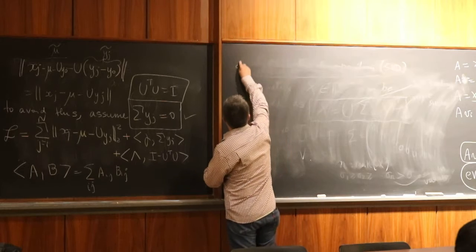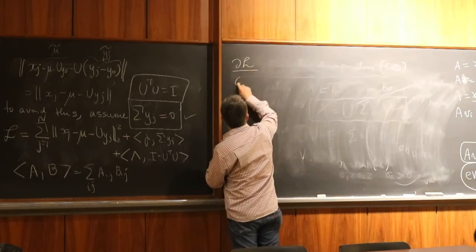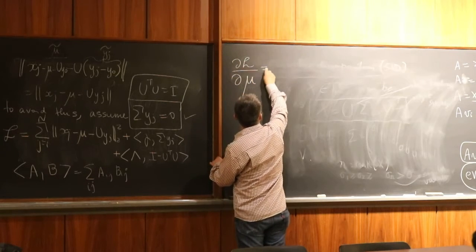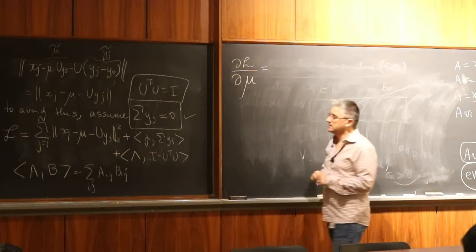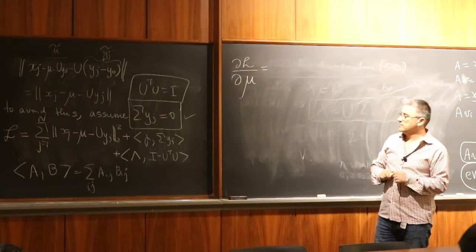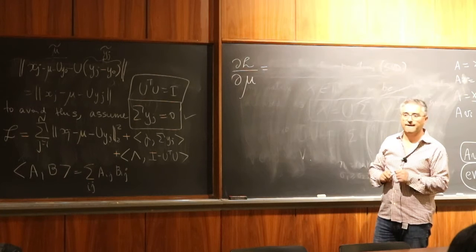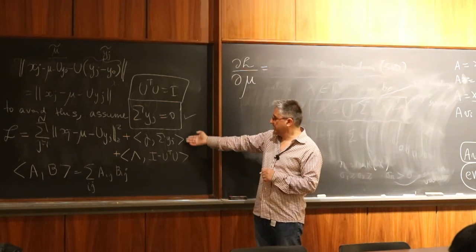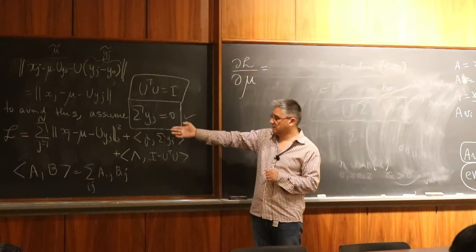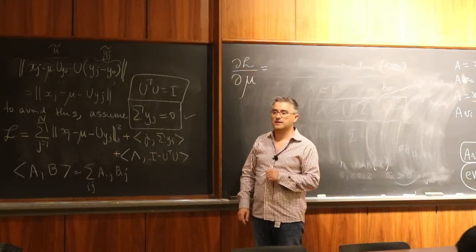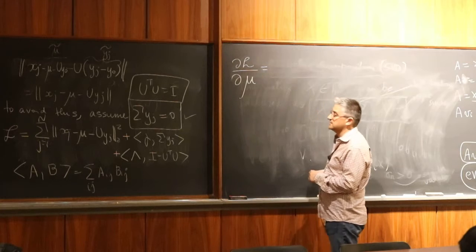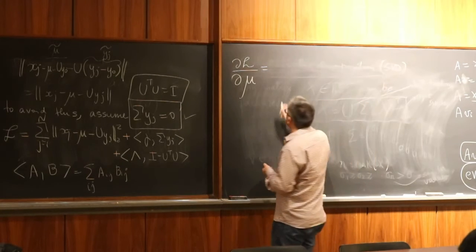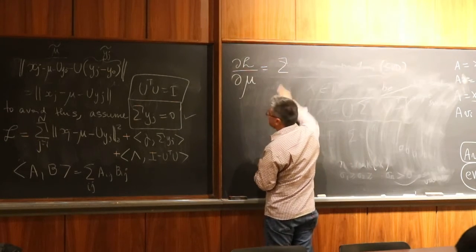So derivative of L with respect to mu. Can anyone tell me what is the derivative of everything with respect to mu? Well, the last term doesn't depend on mu. The second term doesn't depend on mu. It's only the first. So, what is it? Well, I have a sum, so I'll keep the sum as is.